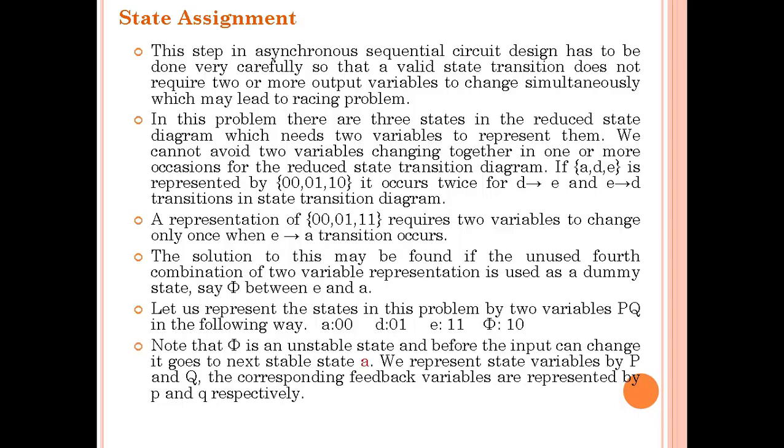Note that phi is an unstable state, and before the input can change, it goes to the next stable state A. We represent the state variables by P and Q, and the corresponding feedback variables by small p and small q respectively.